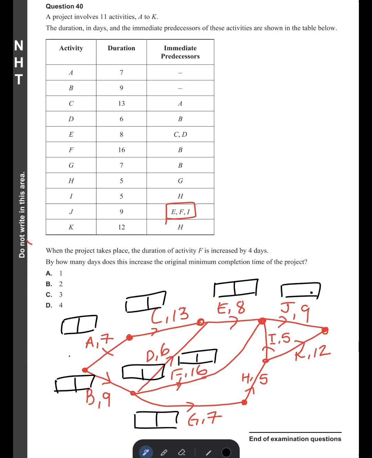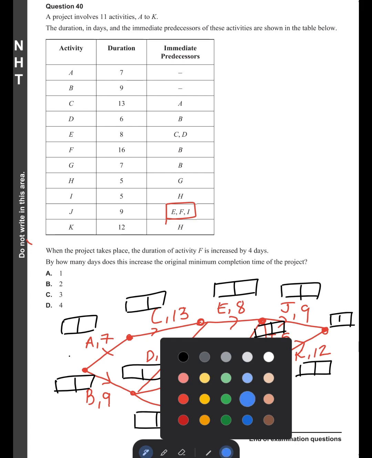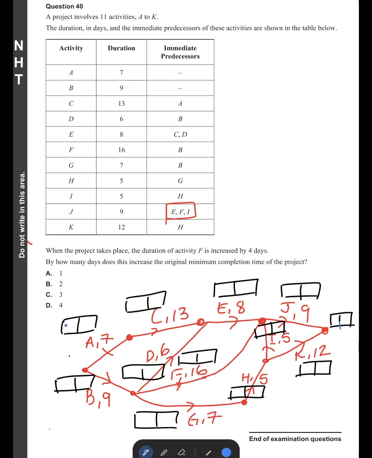Okay, now this is a really good thing to look at in reading time, whether you've got a lot of time left at the end of the paper in order to fill this stuff in. Okay, so we've got 0, 0, 7, 9, 9, 9.